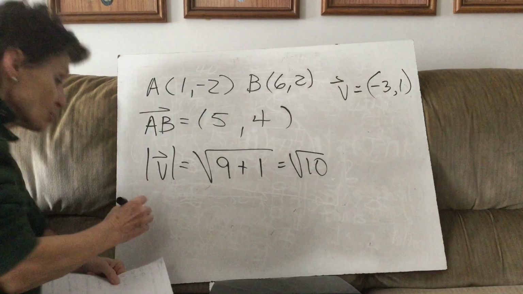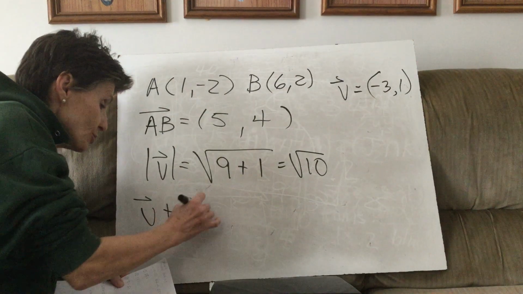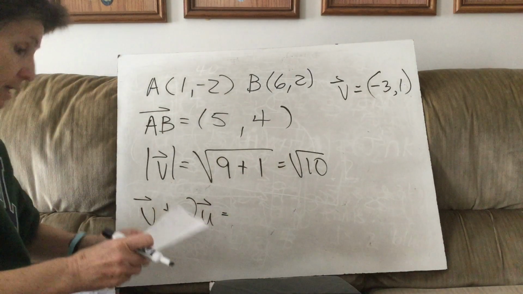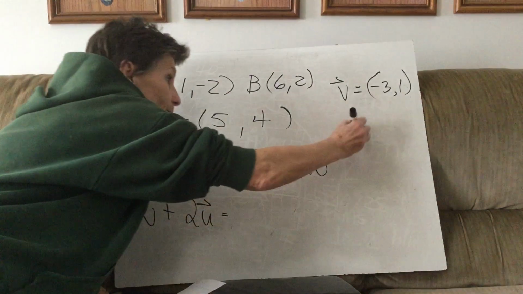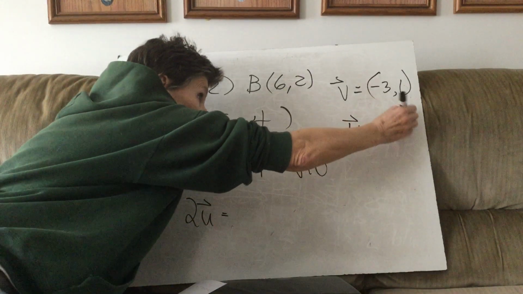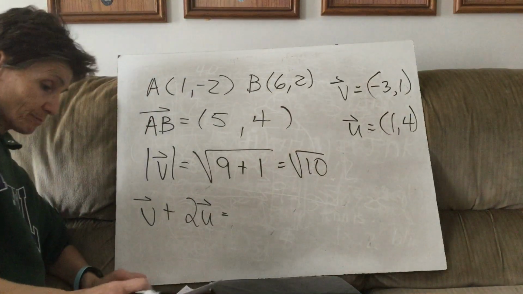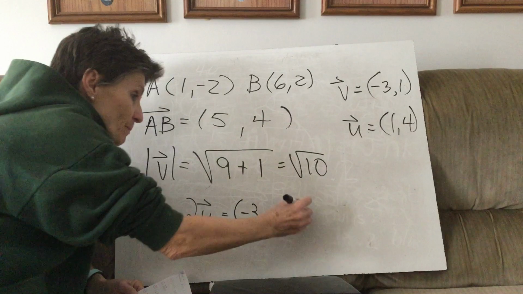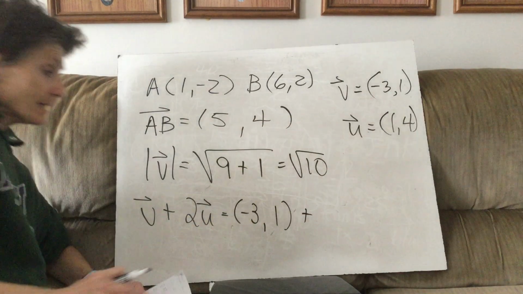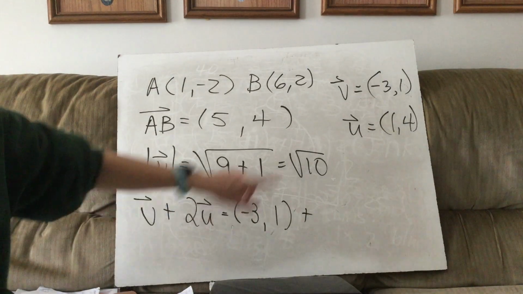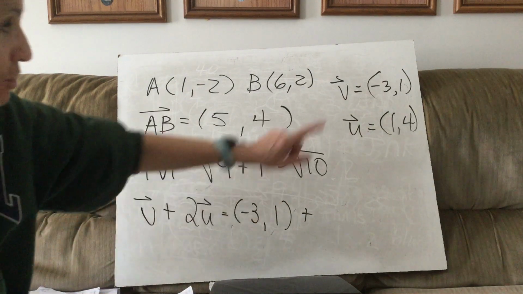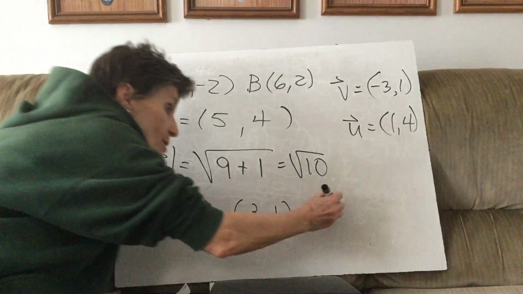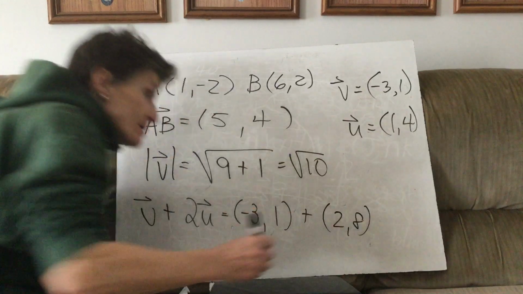All right, next we're doing V plus 2U. Well, let's see. U, that's given. That's the vector 1, 4. So we're going to take vector V, which is negative 3, 1, and we're going to add it to 2 U's. So 2 U's would be 2, 8.